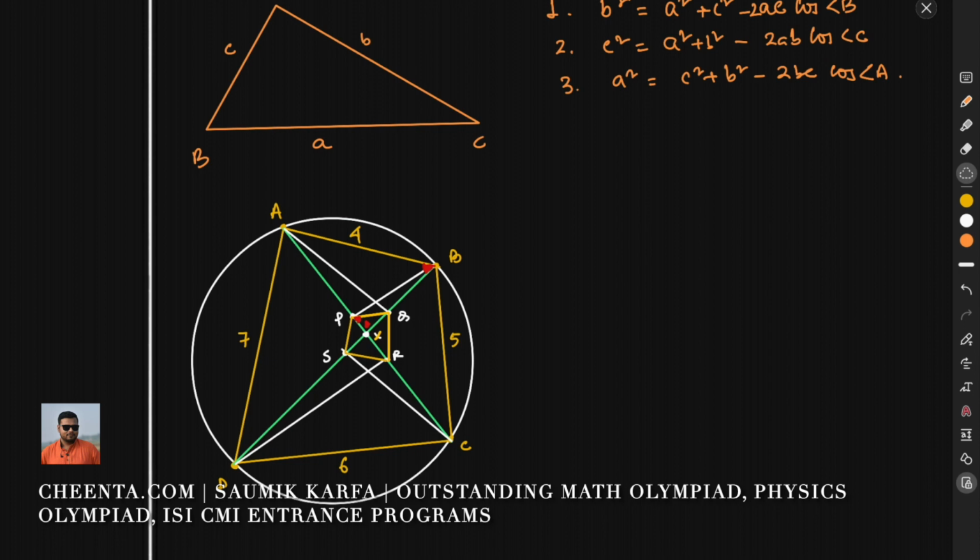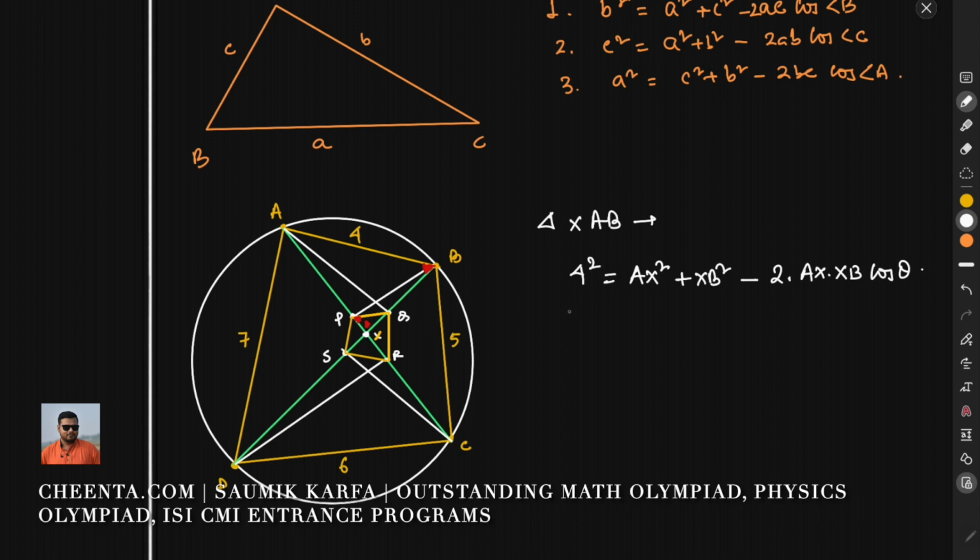Okay, so from the triangle XAB, we can say that AB squared, which is basically 4 squared, is equal to AX squared plus XB squared minus twice of AX times XB cosine of theta, because we know that the angle between AX and XB was taken as theta.